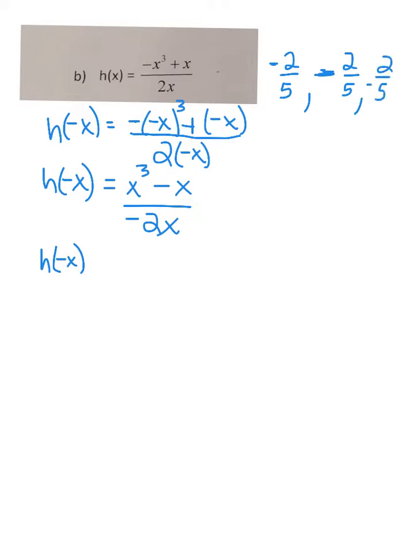So the negative can go in any one spot. So I'm going to look at the fact that I have a negative in the denominator right here with the 2x. I'm going to try to get this 2x to look like it's positive, like it is up here. So for now, I'm going to take that negative and put the 2x here, and I'm going to put the x cubed here and minus x.